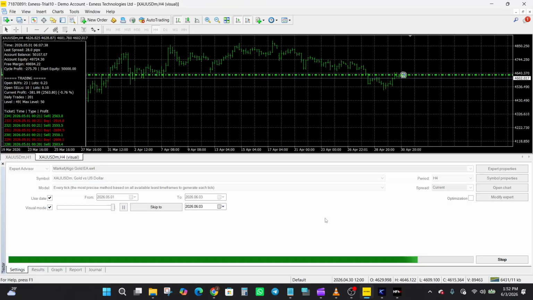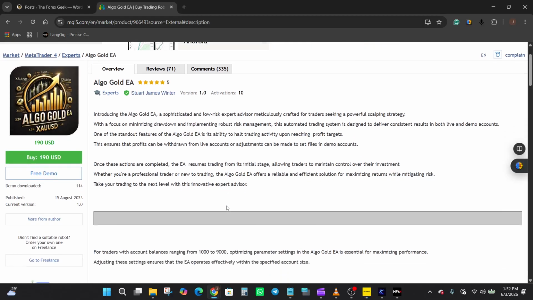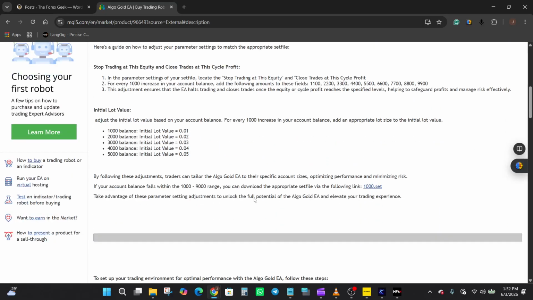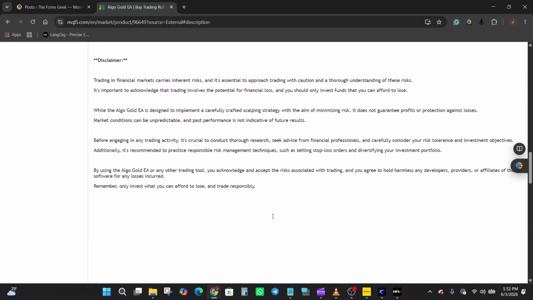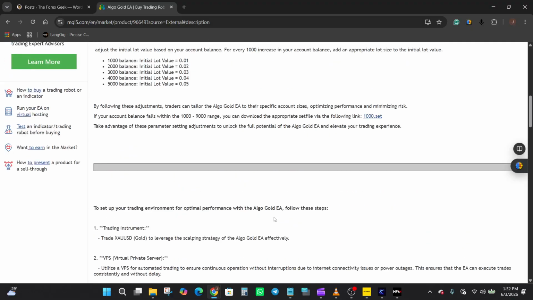But overall, this EA looks more focused on controlled cycle based trading rather than continuous exposure, which is why that profit target stop feature is quite important in its structure. We had already looked at the description of the EA, and some of the features and parameters of the EA here on the marketplace page.